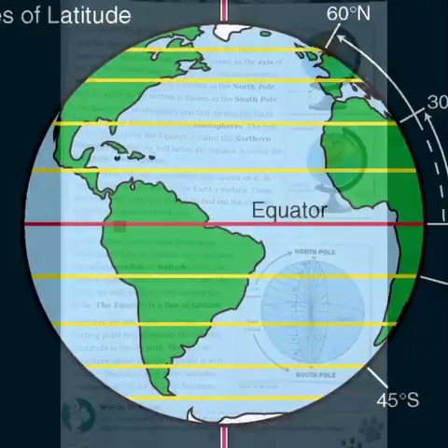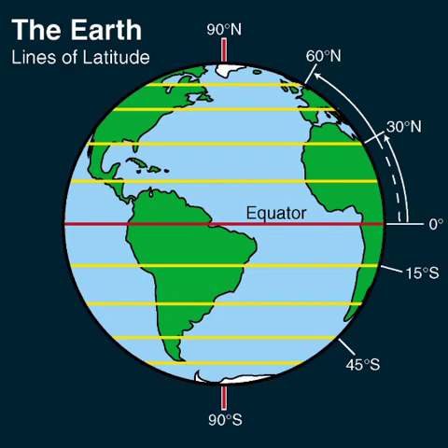Latitudes are measured in degrees. The starting point for measuring latitudes is the equator. Look at the pictures. Here the latitude of the equator is 0 degree. The value of other latitudes is followed by a capital N if the point is in the northern hemisphere, and a capital S if the point is in the southern hemisphere.